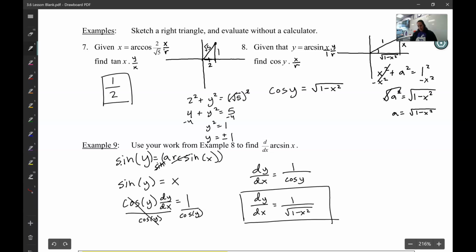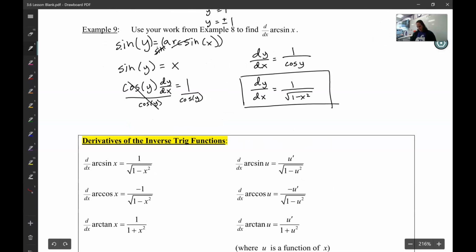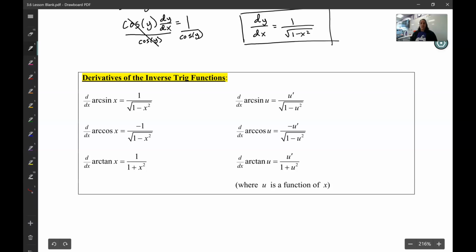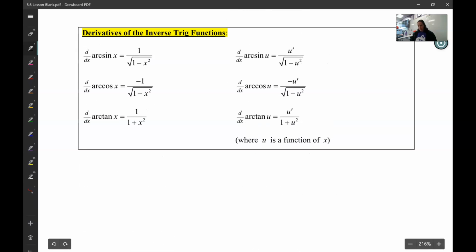So that right there is our derivative of arcsine of x, which you can see right there. So here you go. Here's all your derivatives of your inverse trig functions. Yes, they do need to be memorized, and yes, you can apply chain rule to all of them. In the last video for this lesson, we'll go through a couple examples where we practice these new derivative rules.